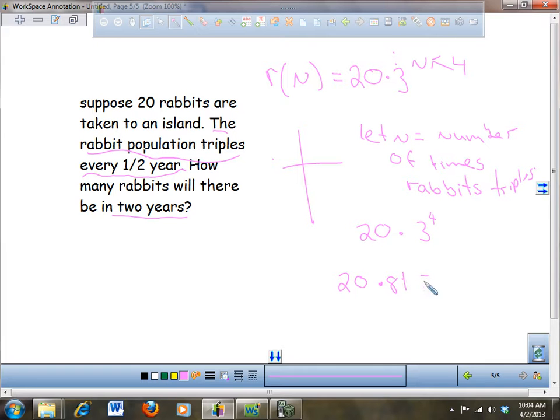So 81, and that gives you 1,620 rabbits. So that's why you see so many rabbits around. That's a lot of rabbits.